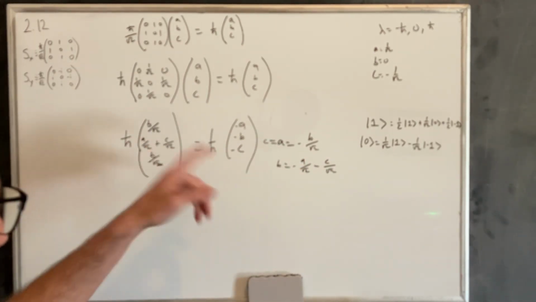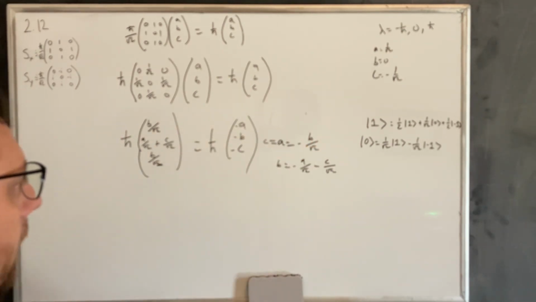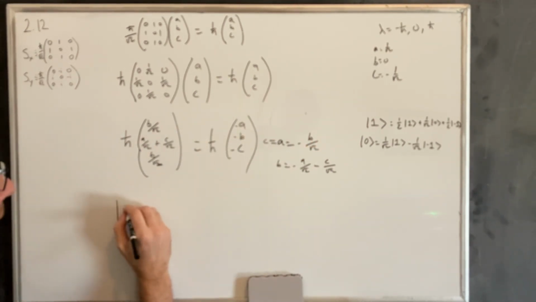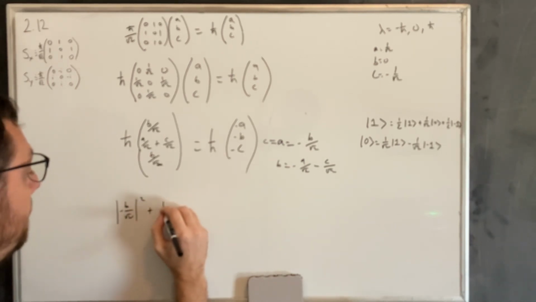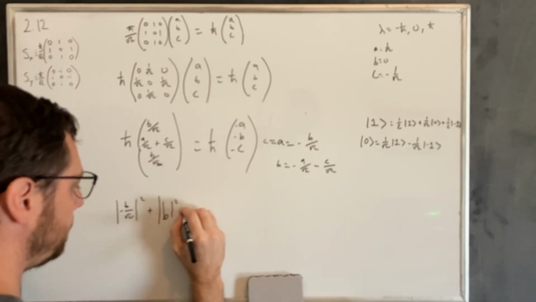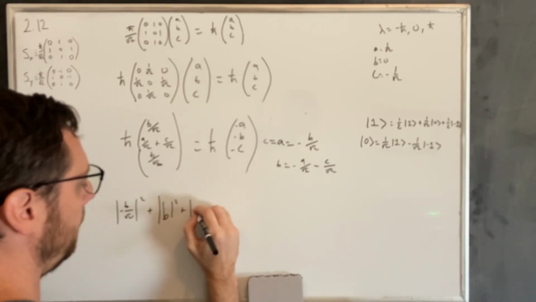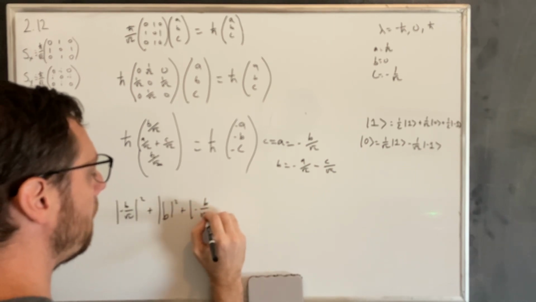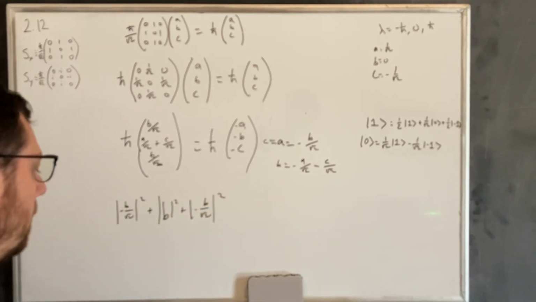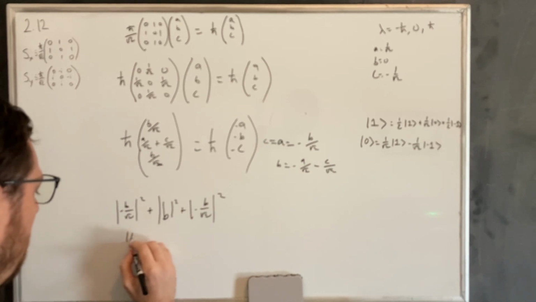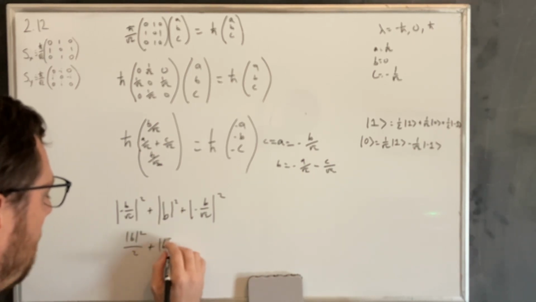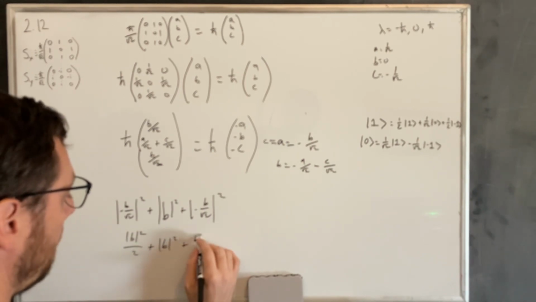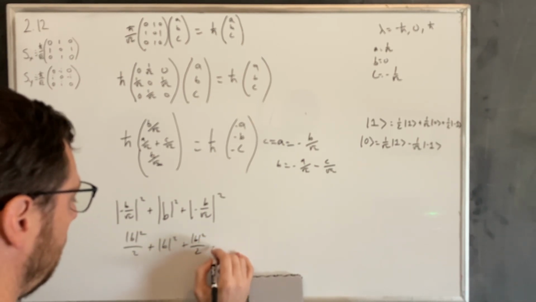Same thing as the first one where we have everything in terms of b here. So a is going to be negative b over root 2 squared, plus b squared, plus our c is also going to be negative b over root 2 squared. And this is going to end up being b squared over 2 plus b squared plus b squared over 2 equals 1.